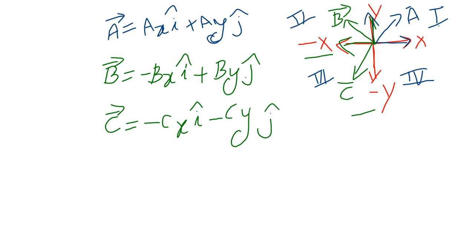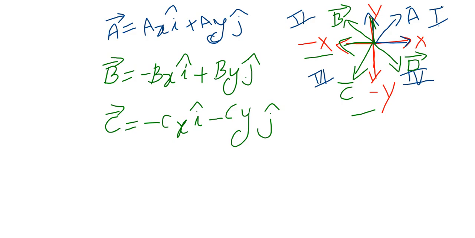Another vector d bar is in fourth quadrant. In fourth quadrant, y is negative, x coordinate is positive.